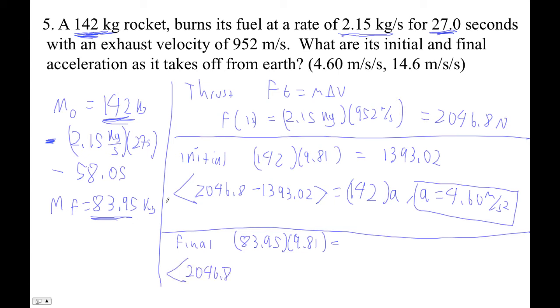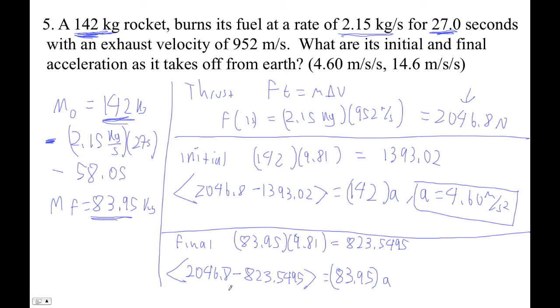Okay, so now our thing looks like this, 22046.8. That's the thrust of the engines that we got here, right? Minus 823.5495. That equals 83.95 times A. Okay.